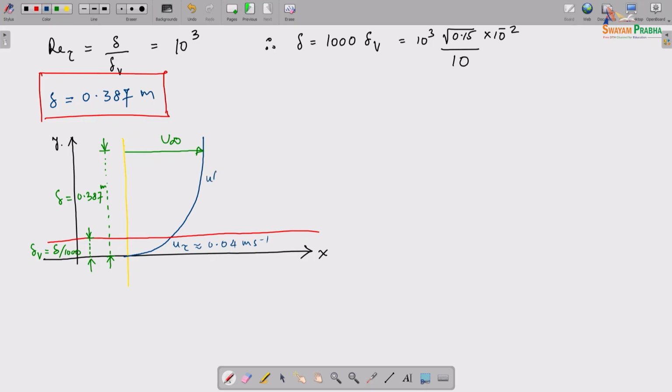Here of course it is U. Now this is the turbulent zone. This is a turbulent boundary layer, and this is the viscous subrange.